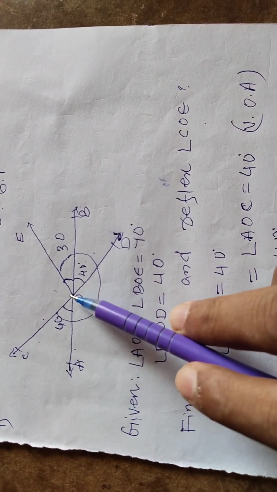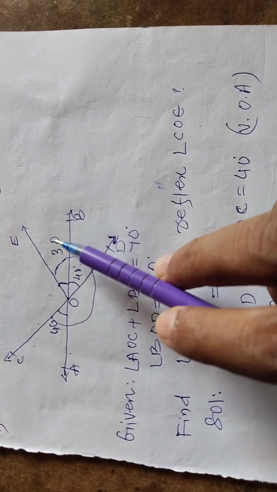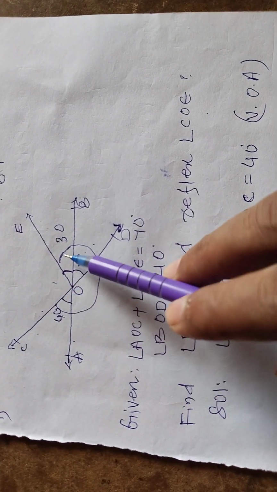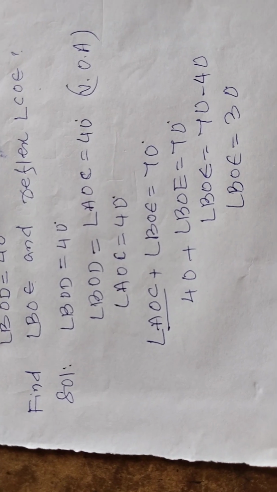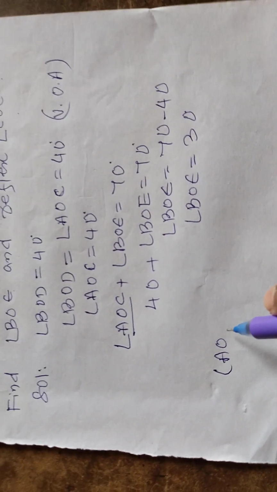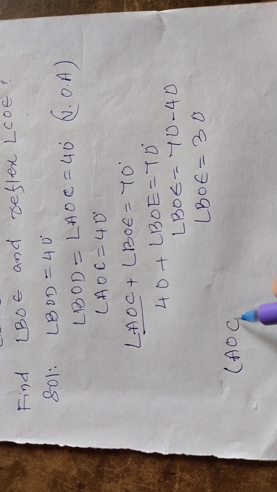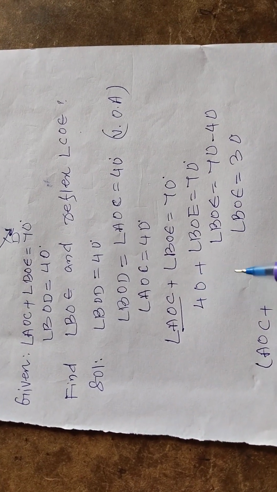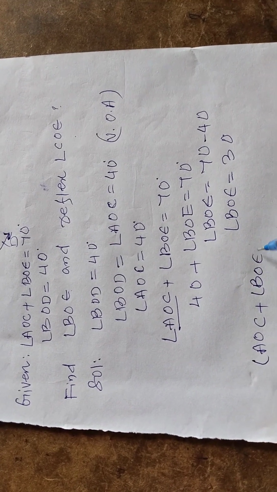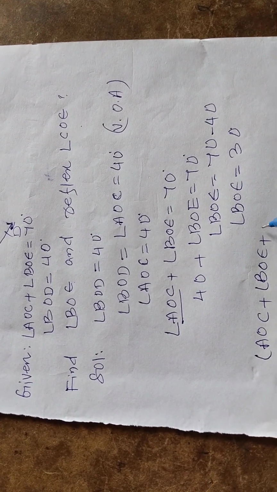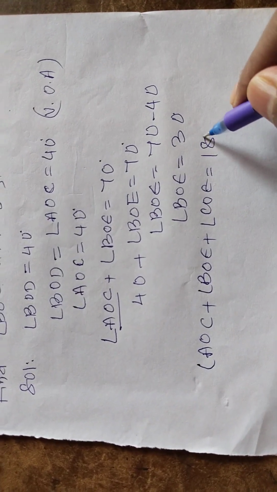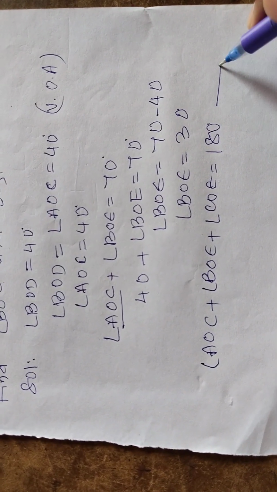AOC plus COE plus EOB is equal to 180 degrees, a straight angle. So angle AOC plus angle BOE, which we already have, plus angle COE is equal to 180 degrees, straight angle.